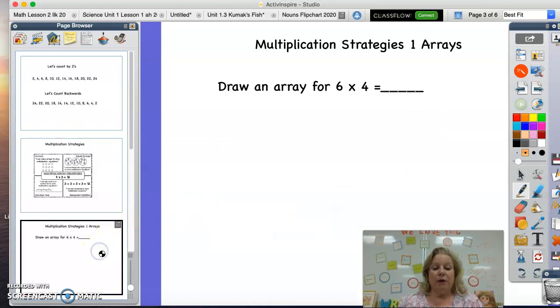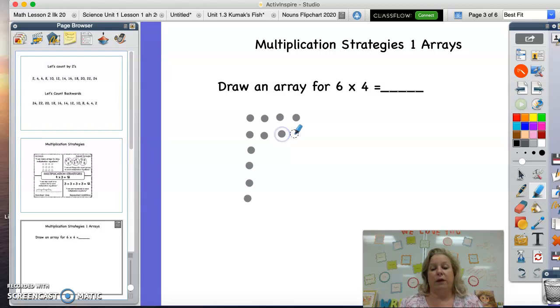So we're going to go ahead and look at this first problem, and what we're going to do is draw an array for 6 times 4. So I'm going to grab my marker here. I know I want 6 columns, or 6 rows, 1, 2, 3, 4, 5, 6. And I want 4 in each row. 2, 3, 4.